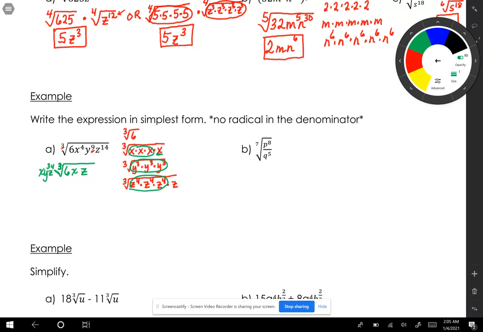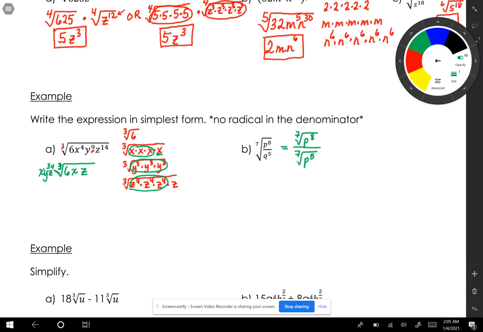Okay, and our last one. We have the 7th root of p to the 8th over the 7th root of p to the 5th. There are a couple of different ways to do this. Let's see what might be the easiest.